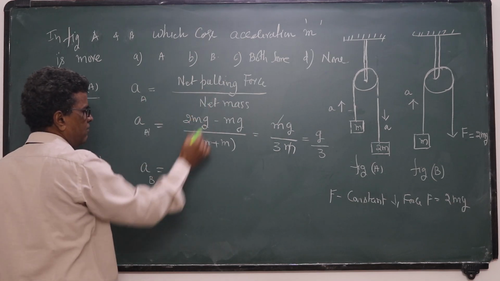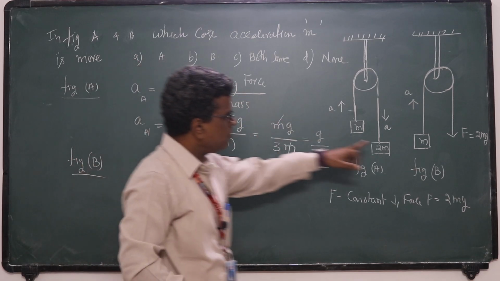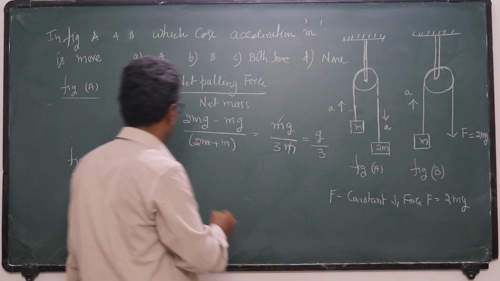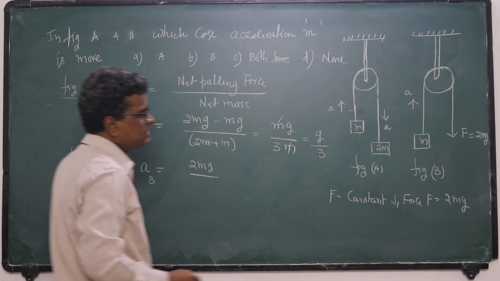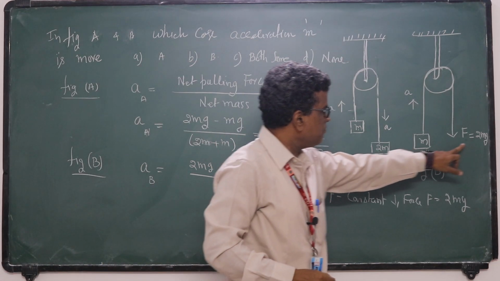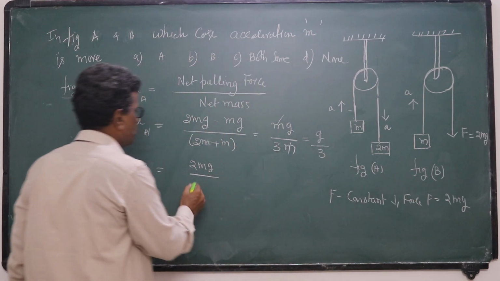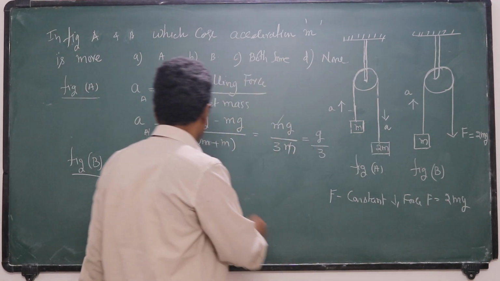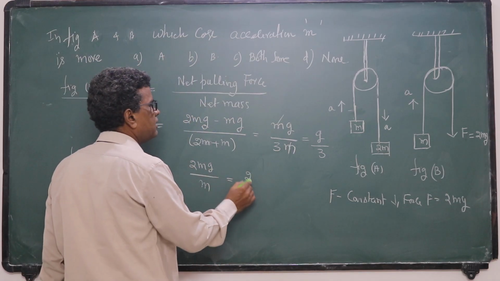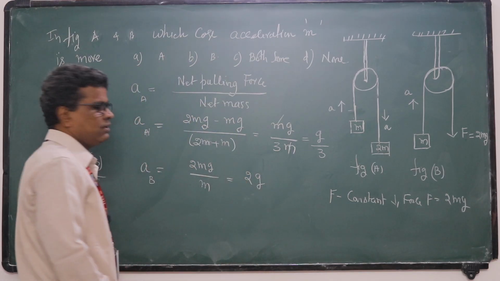So I am using the same formula. What is the net pulling force here? 2mg. Okay. So 2mg by, what is the net mass here? Net mass is only m. So there is no mass at the other end. Okay. So m gets cancelled. You will get the answer 2g.